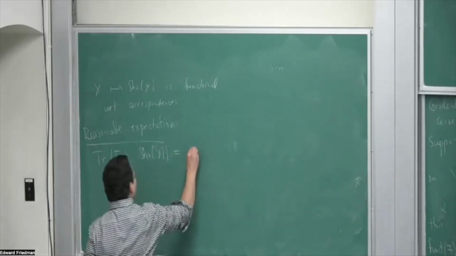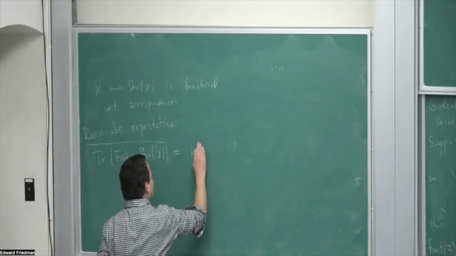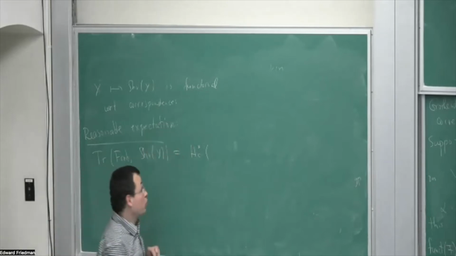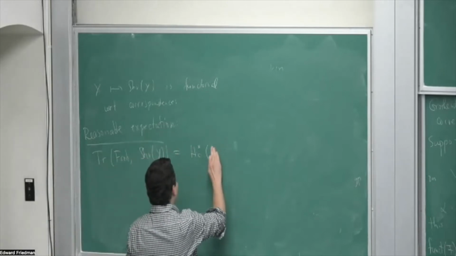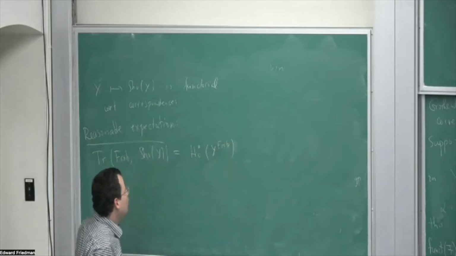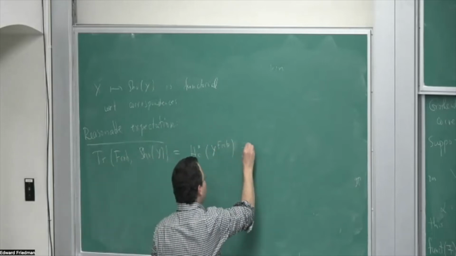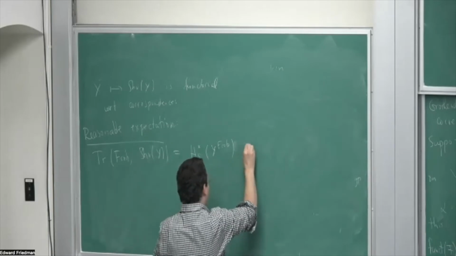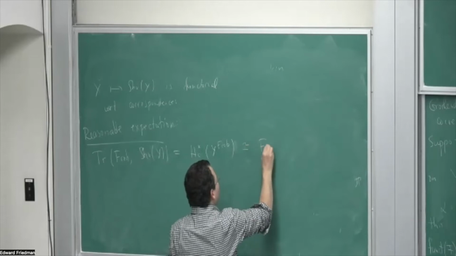The way this works is that it assigns compactly supported homology to the correspondence. So which is exactly this; this really is functions.